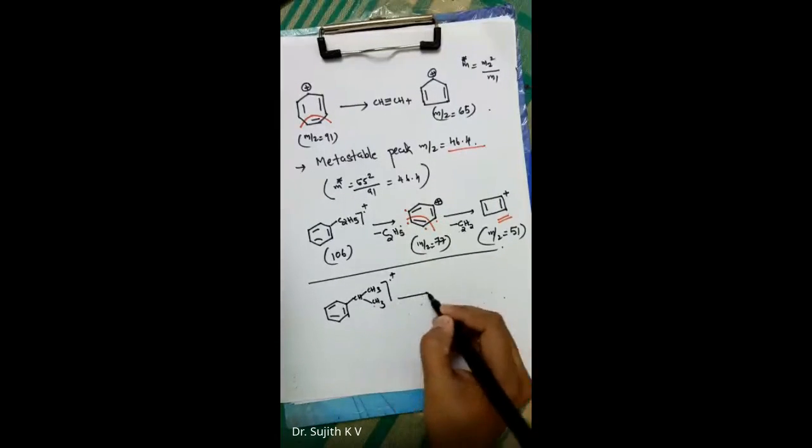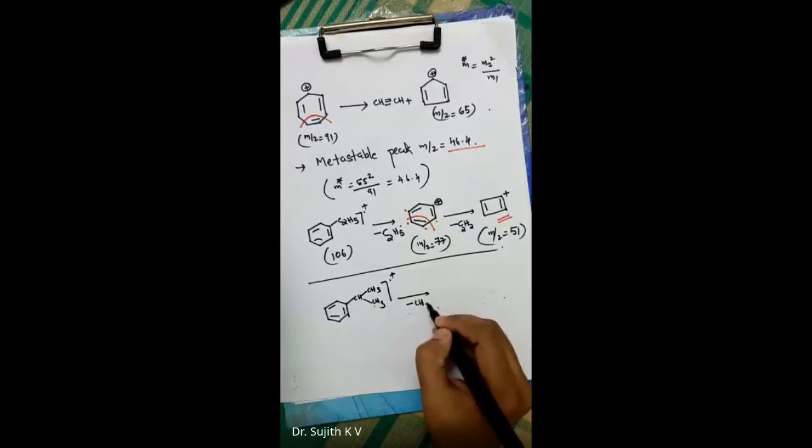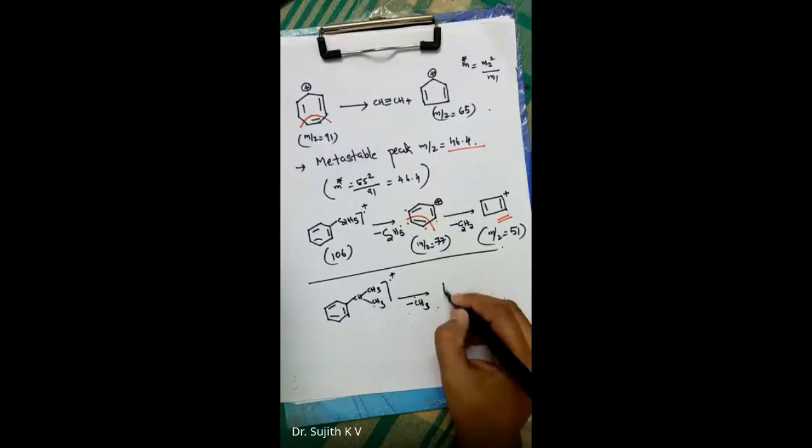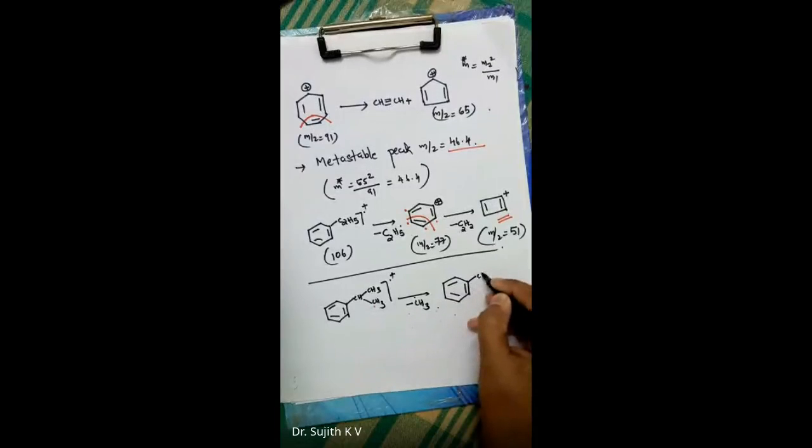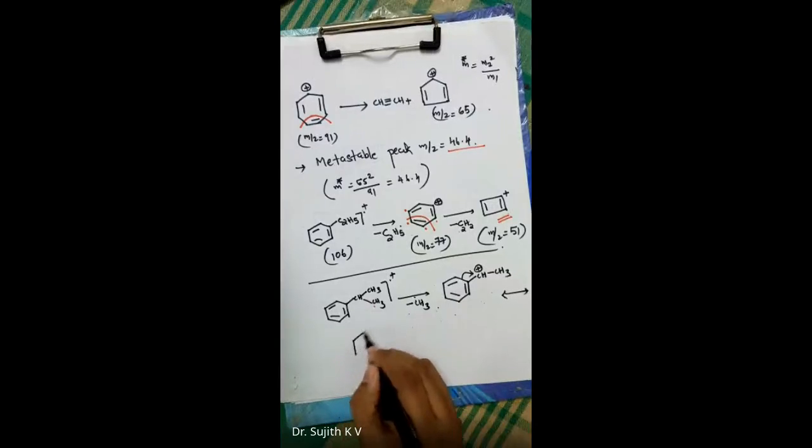So the normal way, that is methyl radical is eliminated, CH3 dot is eliminated, the remaining species is CH plus CH3, and this can rearrange like this to form a tropylium cation derivative.